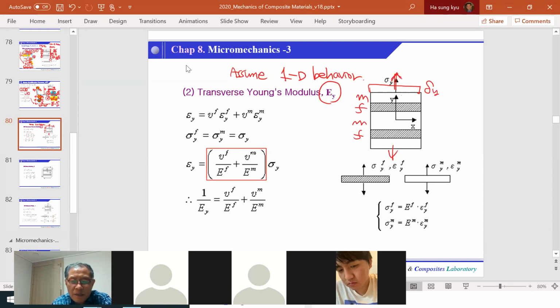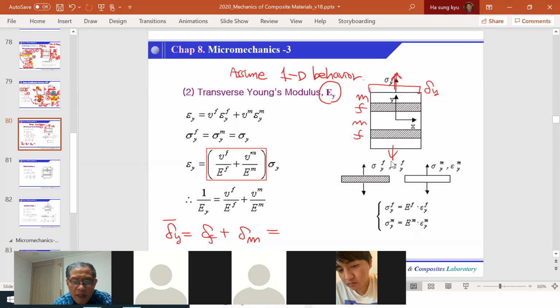This is the deformation of the composite. Delta y of the composite will be simply delta fiber plus delta m. Delta means the deformations: deformation in the fiber and deformation in the matrix.